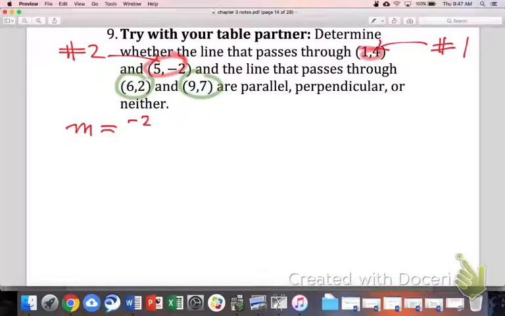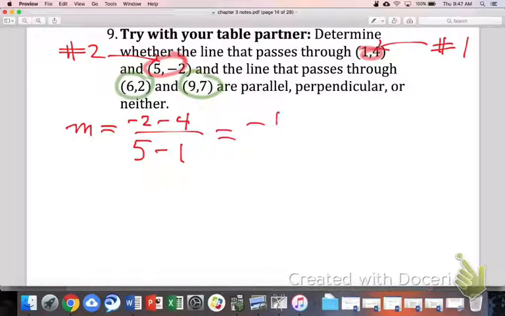So -2 minus, what would then have to be my y1? 4. Good. All right. So if that's my y2 minus y1, what would have to be my x2? 5. Good. Minus my x1, which would then have to be 1. Okay, awesome. So now we got to do a little arithmetic here. What is -2 minus 4?